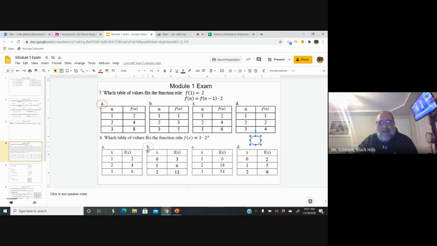And if you are not 100% sure, just check the next one. Do you see the next x is a 1? Well, if I go 2 to the first power, I get a 2, and then times 3, and that's a 6. And then I look here, 1, 6. I know it has to be correct. So that is slide number 4 right there, problem 7 and 8. Does anybody out there have a question?